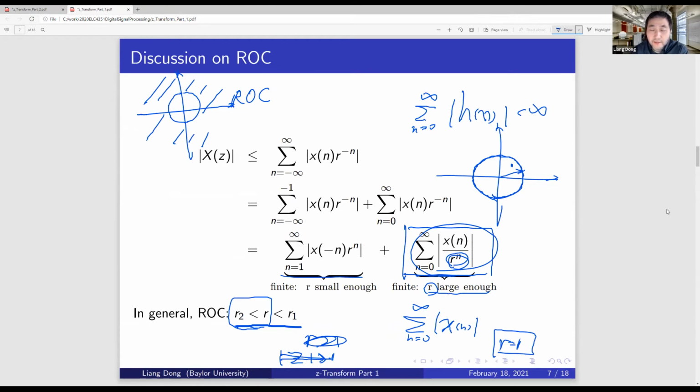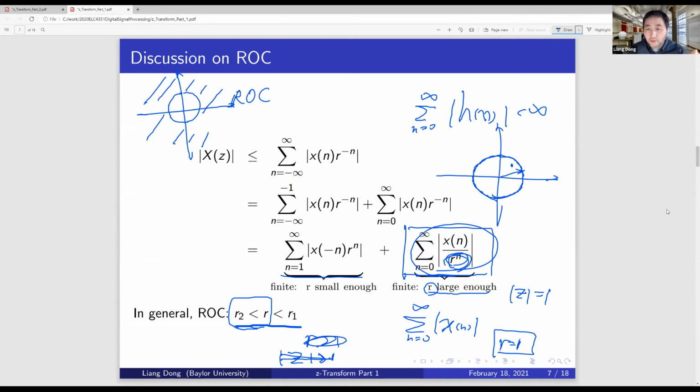In other words, I want to take all these z's and check with the unit circle, where the absolute value of z is equal to 1.